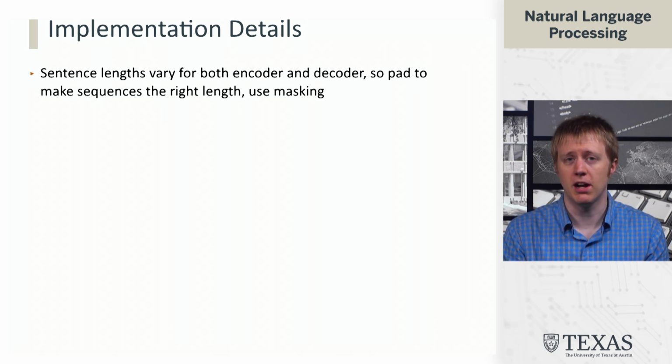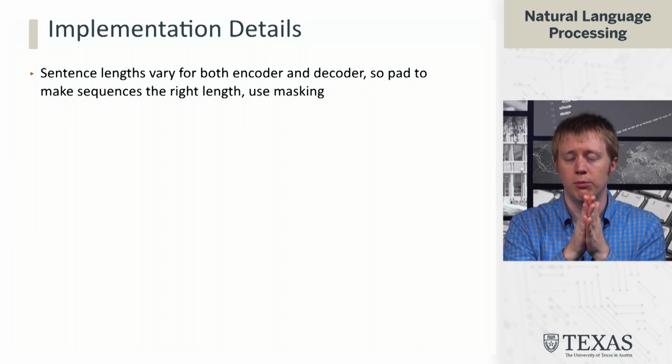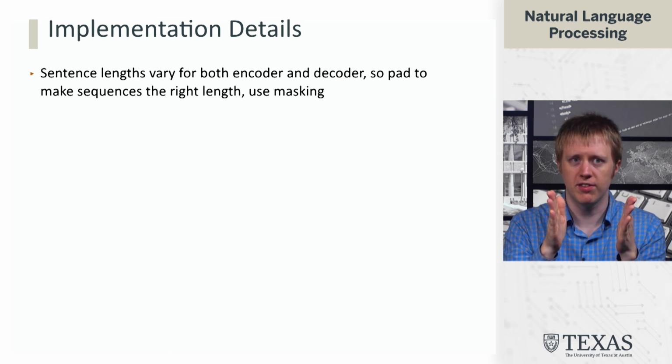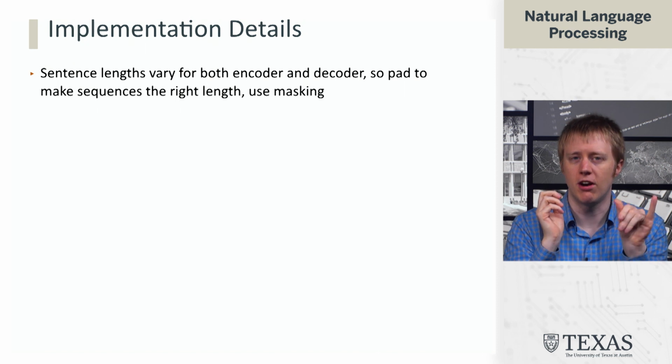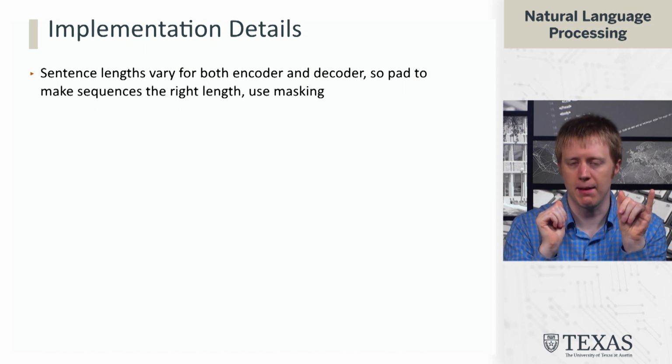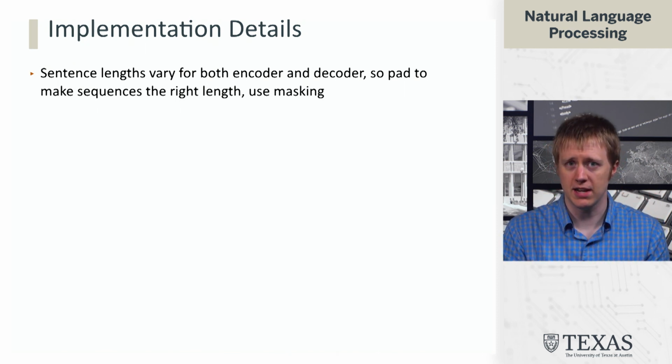And then we need what we call a mask, where if we say, okay, we're only predicting 5 words in this case, but we've got 10 words in our longest sentence, we need to say, all right, we're going to ignore what happens in words 6 through 10 here, because it's not real. It's not happening in the model.